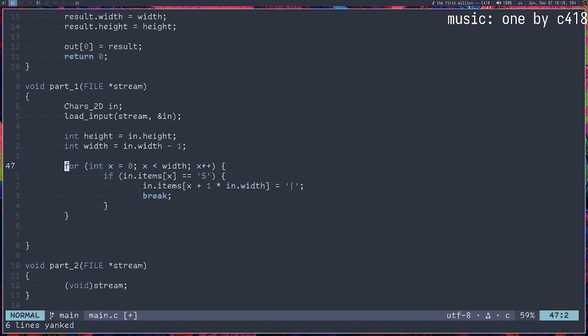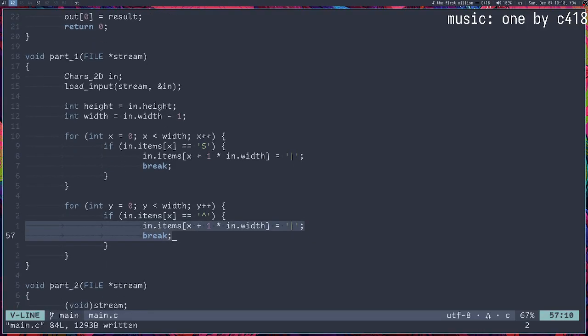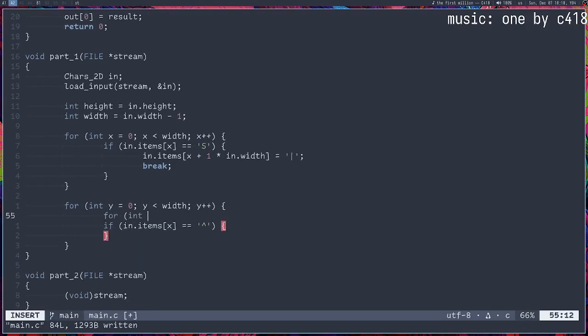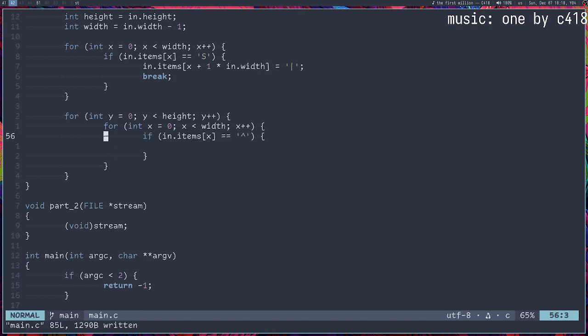And then we start iterating from the second line. And whenever we find a splitter, for int x, this has to be height. X is less than width, x plus plus. Oops.